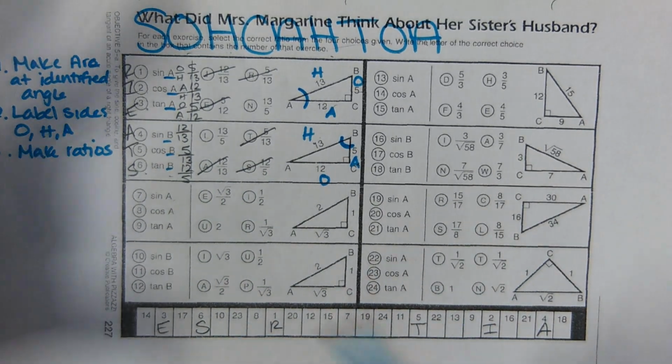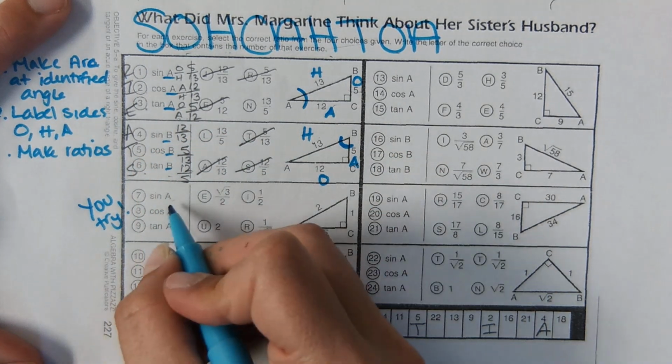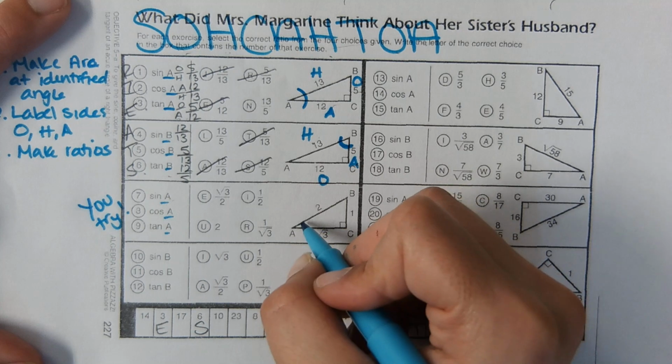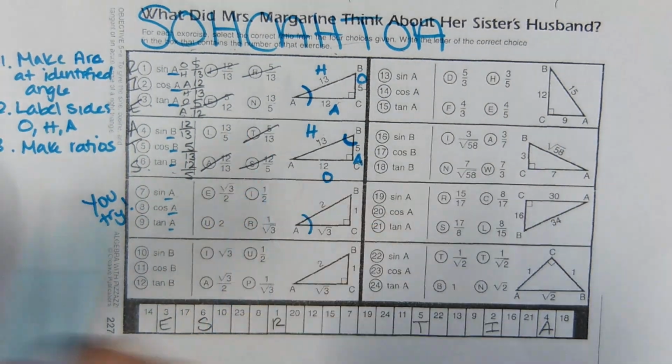Okay, so now I want you to try. And it looks like angle A, so start by making that arc, label your sides, and then make the ratios.